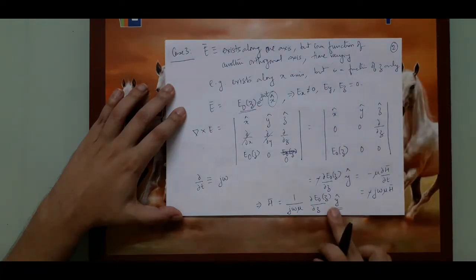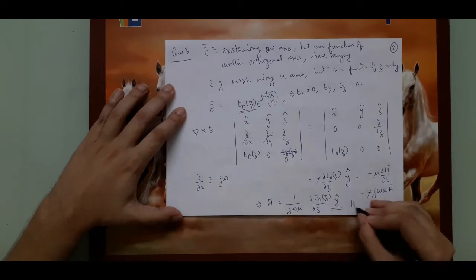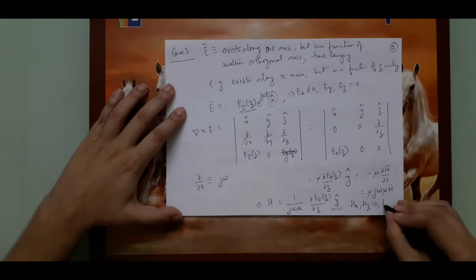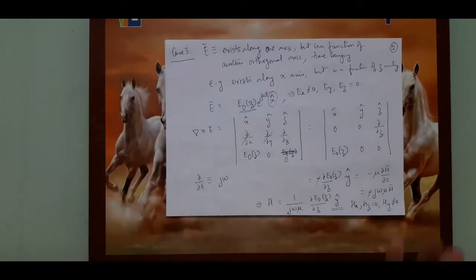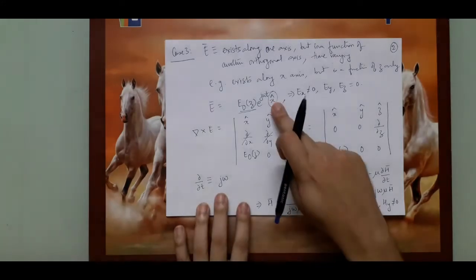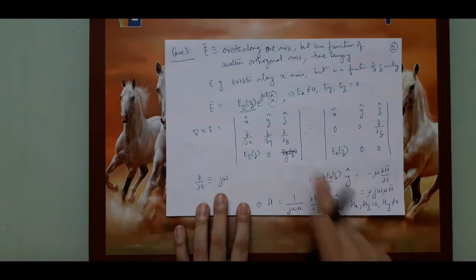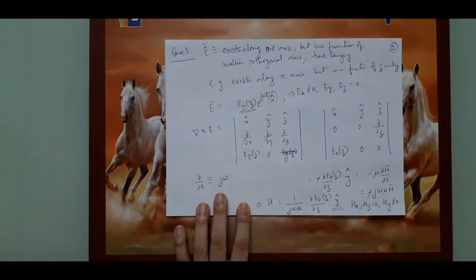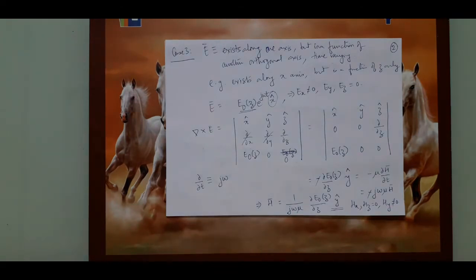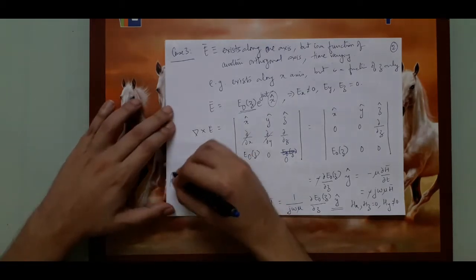What we are seeing is we are getting a magnetic field where Hx and Hz are 0 and Hy is non-zero. So in some sense, the electric field direction, the magnetic field direction, and the way the electric field exists, the function of the electric field, they are orthogonal in nature. Now this is probably the simplest solution.